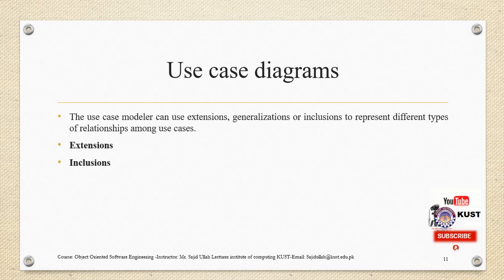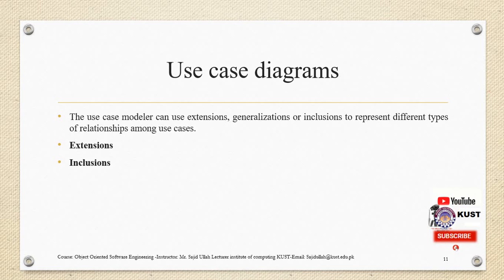Second one is inclusion. Inclusion allows you to express a part of the use case so that you can capture commonality between several different types of use cases. Even very different use cases can share a sequence of actions.